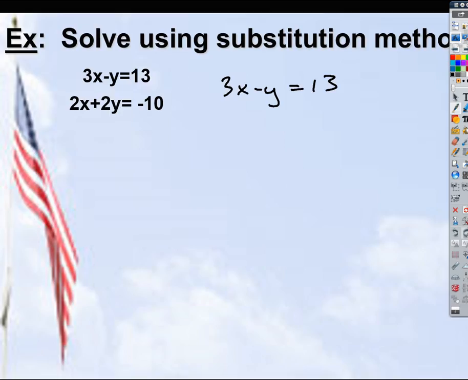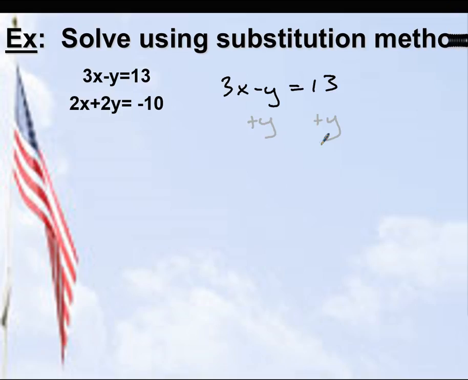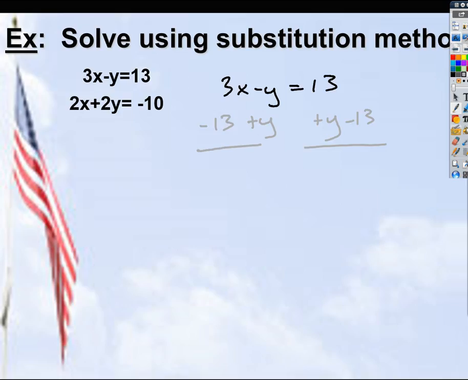And while I'm at it, my goal is to get the y by itself, right? So we could add y to both sides, and while I'm at it, if I want to get everything else to the left, what else could I do? Subtract 13. Make sense? Okay, what happened?